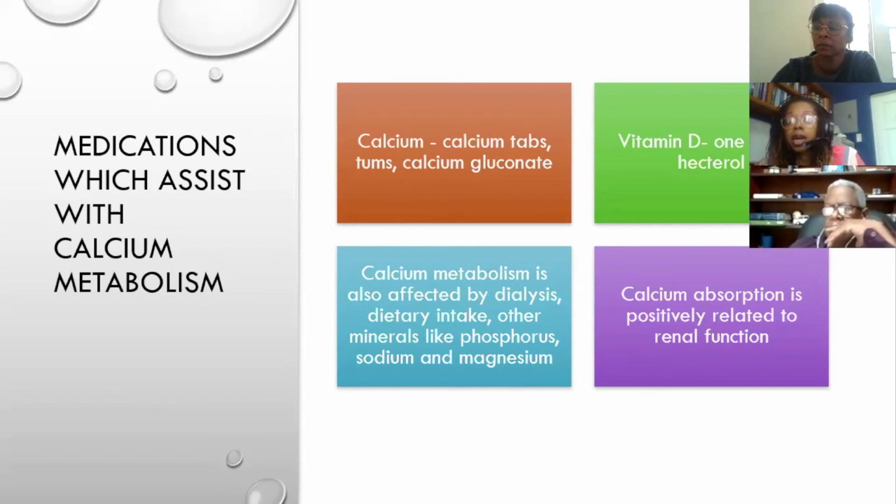The vitamin D is given in the form of 1 alpha, and vitamin D works in conjunction with calcium. So calcium, vitamin D, and phosphorus all have this working relationship. And the vitamin D is essential in the calcium metabolism.